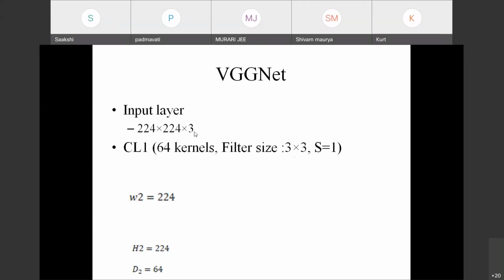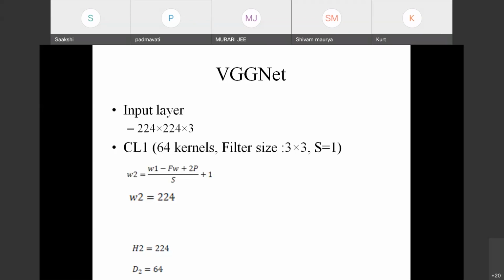Again, the depth of the filter will be the same as the depth of the input. Since the input image has a depth of 3, the filter depth comes out to be 3 only. The stride is 1, and I might not have mentioned in the slides, but padding is equal to 1.